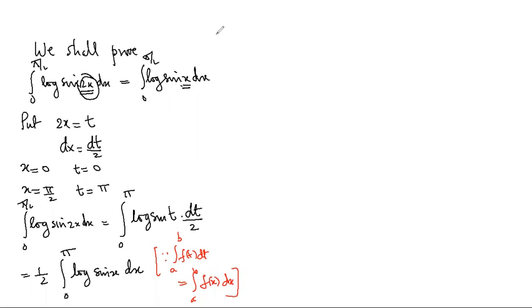Now, I need to convert this: half integral 0 to pi log sin x dx. I've written it twice. Now compare again. I wanted to convert this into this, but unfortunately the limit became 0 to pi, but it is 0 to pi by 2.